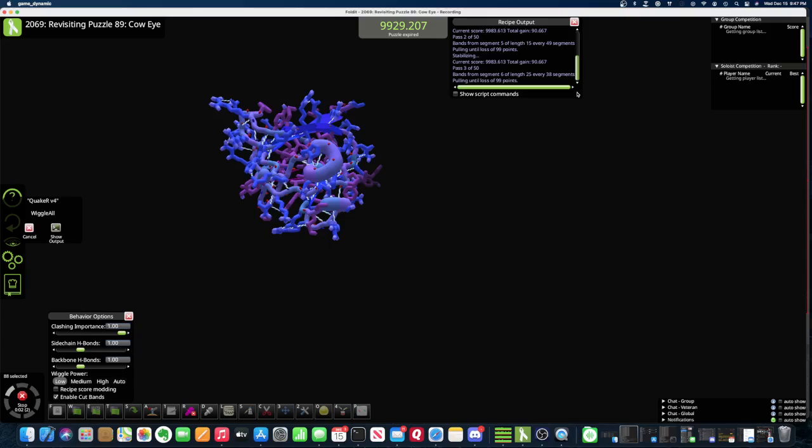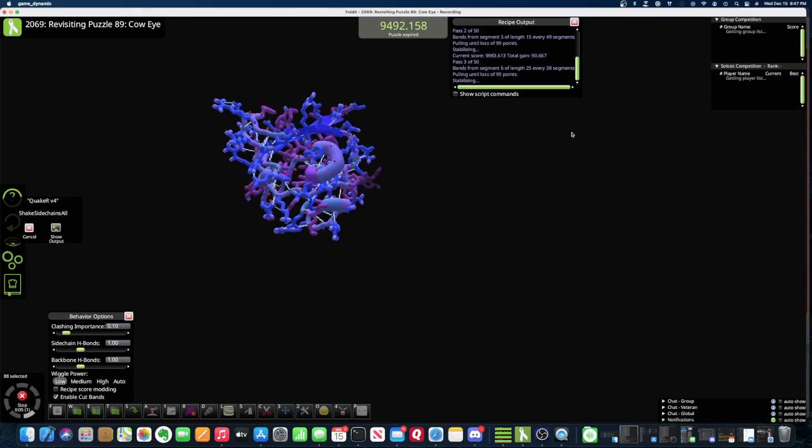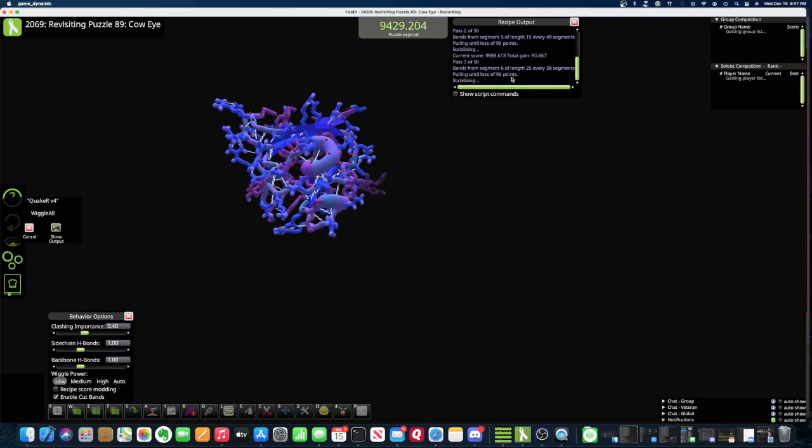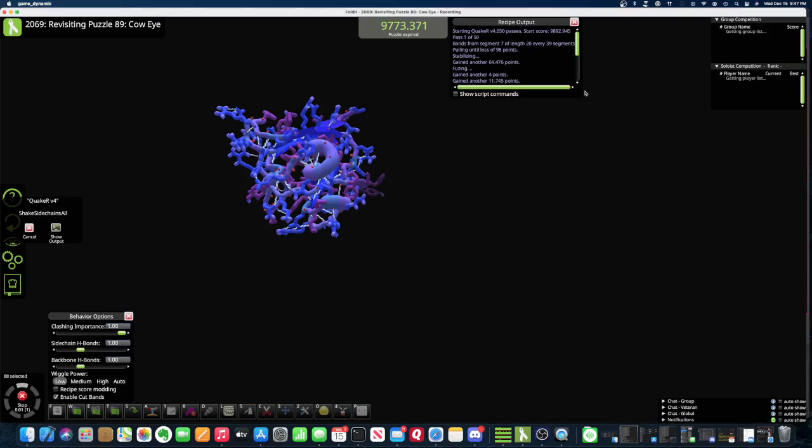So let's bring this down. Oh, see it here. It stabilized, and it didn't get it close enough. So it went on. Here it's trying to stabilize. We're at 99.83. You can see that right here in the current score after that pass.